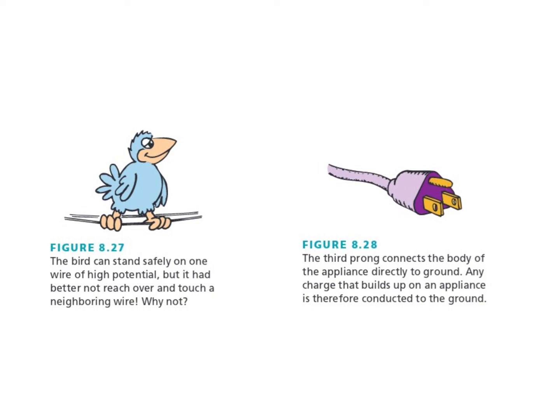It also acts to prevent that accidental stacking of potential differences, which could be dangerous. But if you've ever been curious about that third prong, it's a safety feature, basically. It makes it harder for people to do dumb things with electricity that can get them hurt.